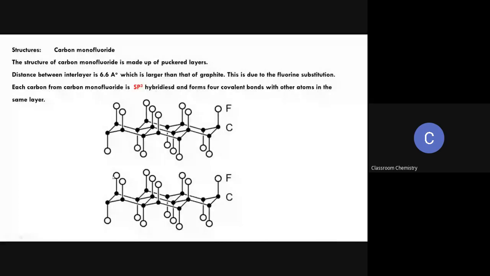The distance between the interlayers, between these two layers, is about 6.6 angstrom.